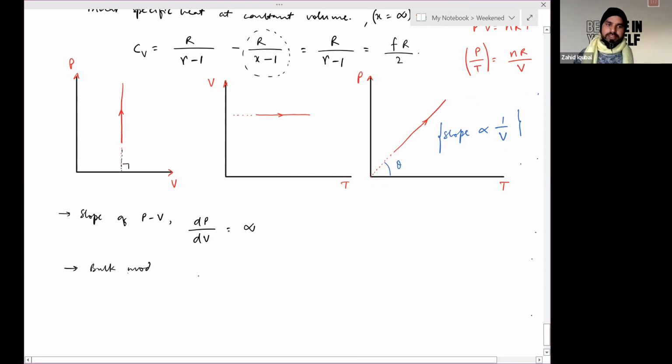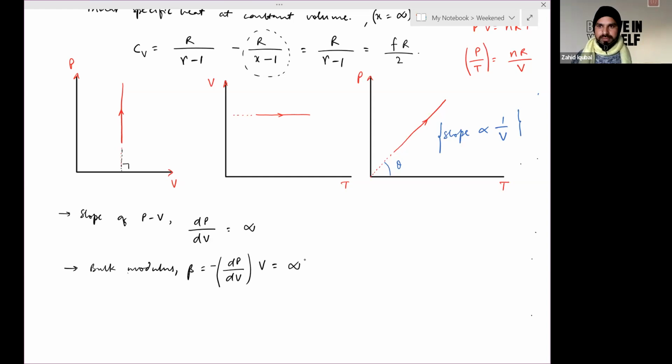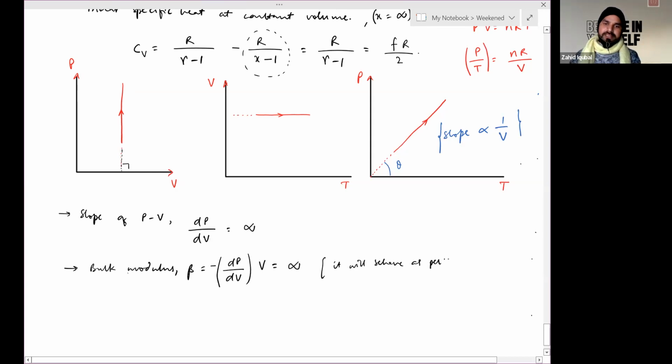Bulk modulus beta equals to negative dP divided by dV times volume. Since dP by dV is infinity, this entire term will be infinite. So you'll say this system will behave as perfectly rigid.